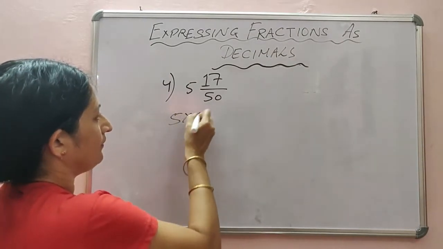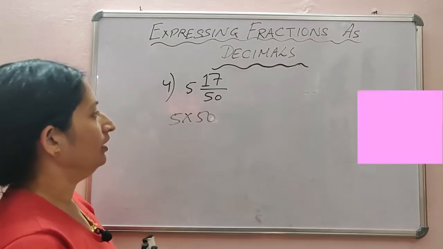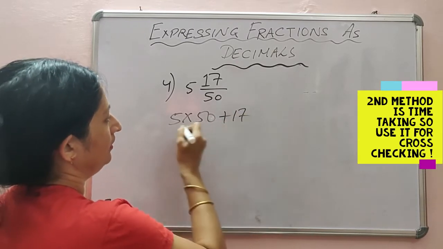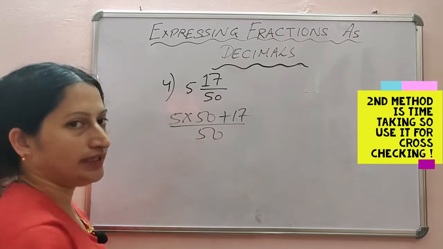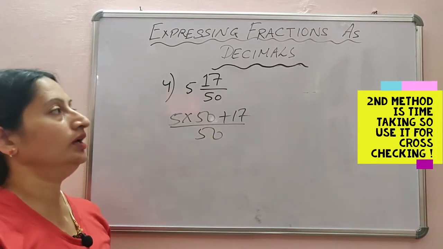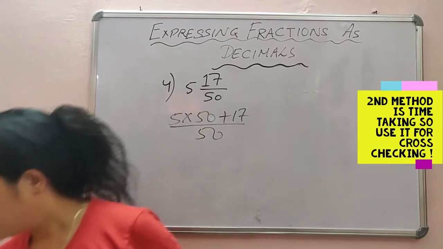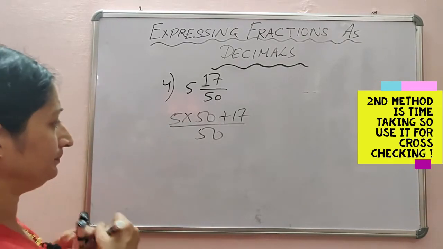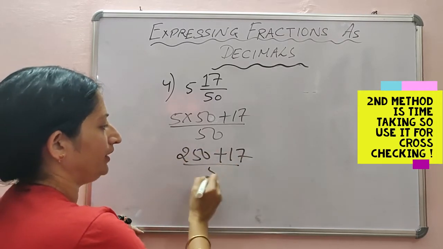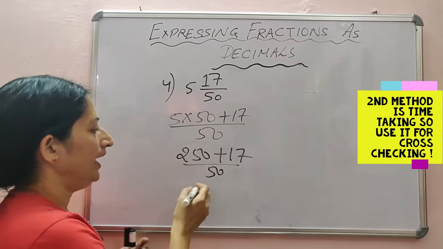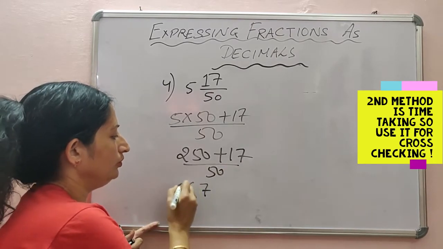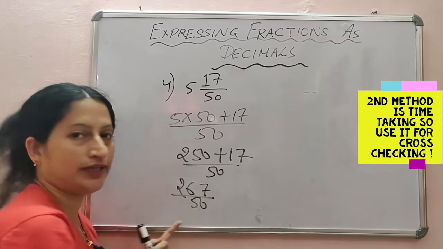You can do it as 5 into 50 plus 17 divided by 50, as you know how to convert the mixed fraction into an improper fraction. So next you can do 250 plus 17 by 50. Got it? And then if you add this, you will get 267 by 50.